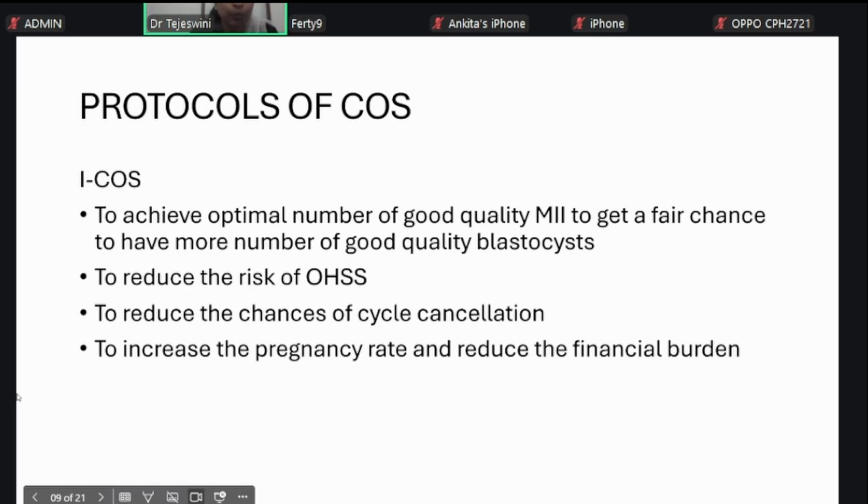So coming to the protocols of ovarian stimulation, it is always an individualized controlled ovarian stimulation approach. Why?